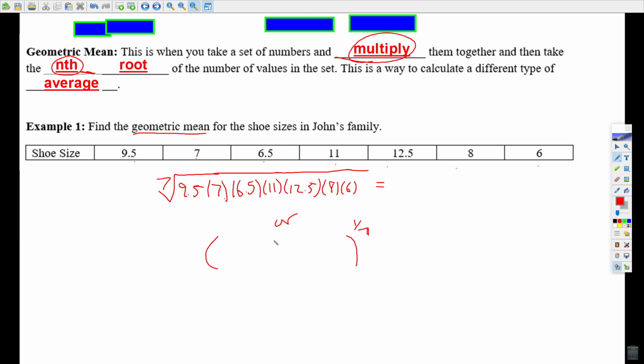This number inside here, already multiplied together, is 2,852,850, I think. If you raise it to 1/7 or do the 7th root, you get the same thing, which is 8.35. It rounds up to 8.36. So this would be your geometric average, or your mean.